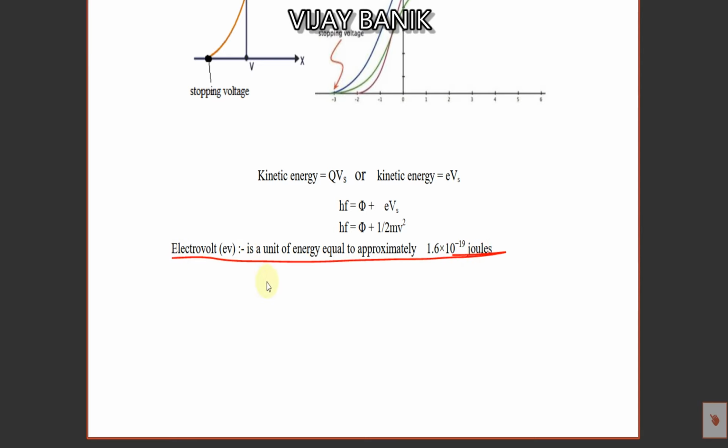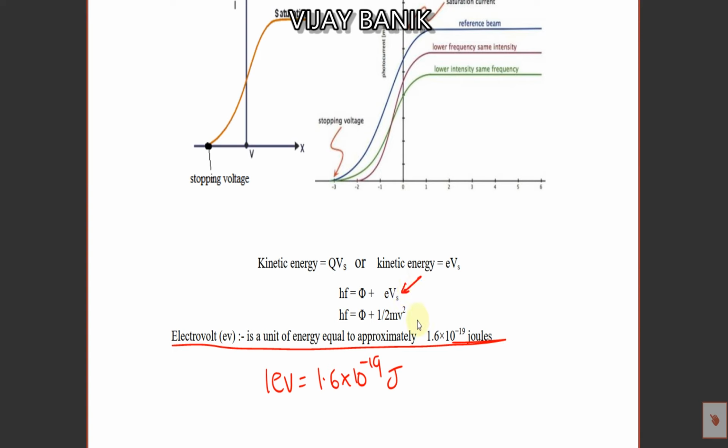Once I do questions from the question bank, you will understand this better. Remember, if your question is given in electrovolt, use this equation. If it is given in joules, use this equation. Here everything is in electrovolt if you want to do the sum, and here everything has to be in joules. We will see this later on.